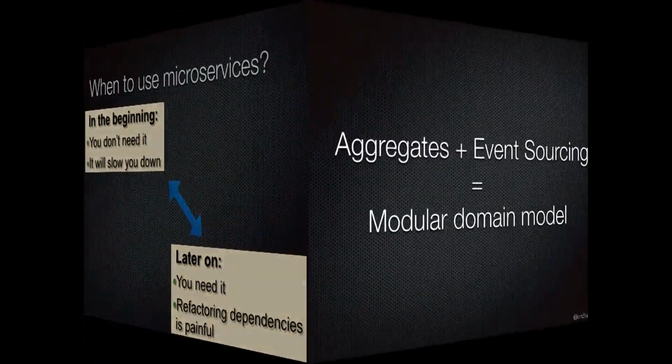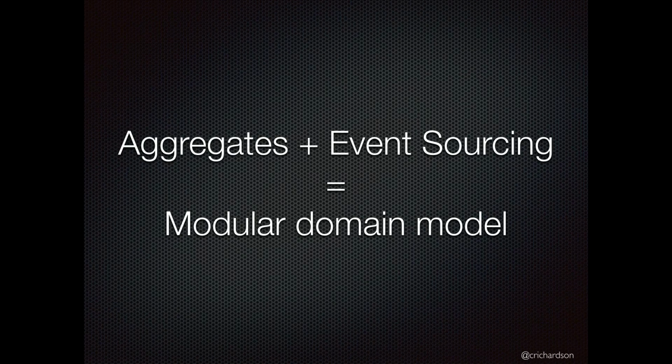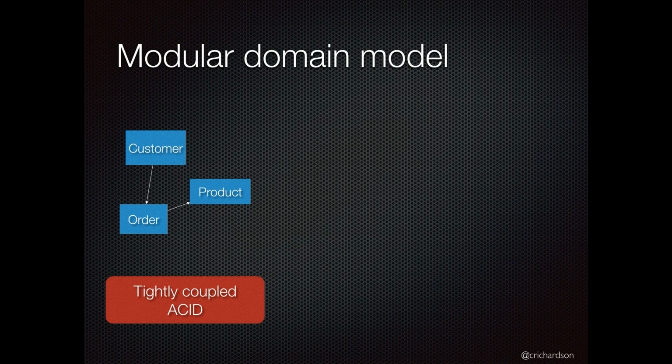But what's really interesting is that the approach that I've described, namely the use of aggregates and the use of event sourcing, actually leads you to a modular domain model that could be deployed either as a monolith or as a set of microservices. So if you think about the traditional domain model, it consists of a tightly coupled set of domain classes that relies heavily on using ACID transactions.